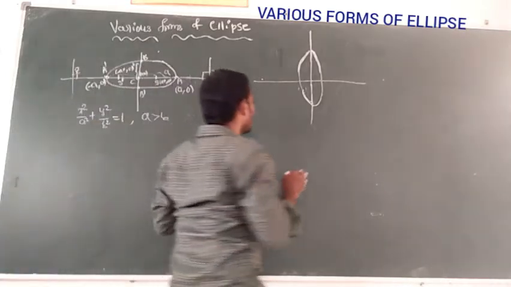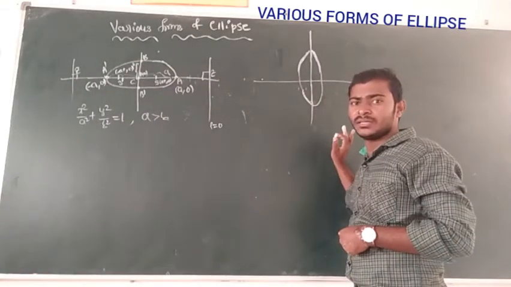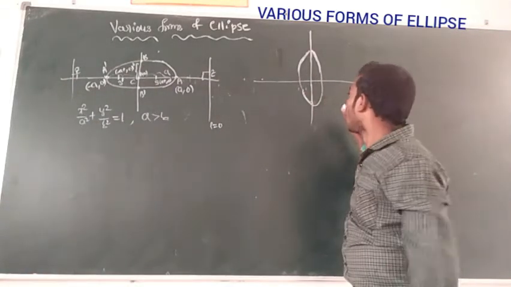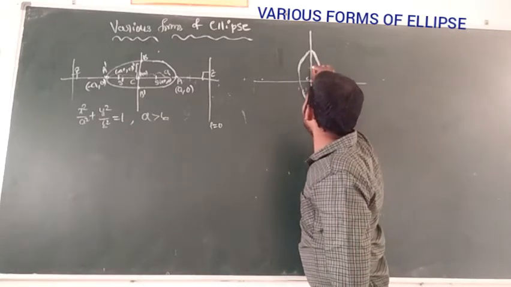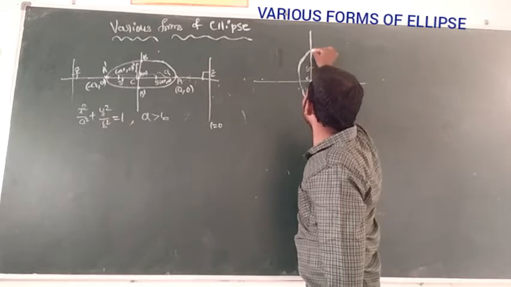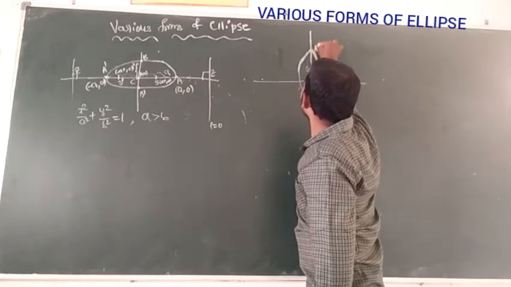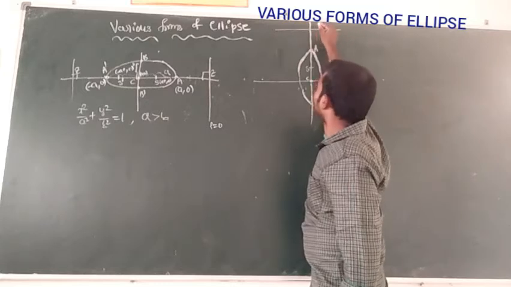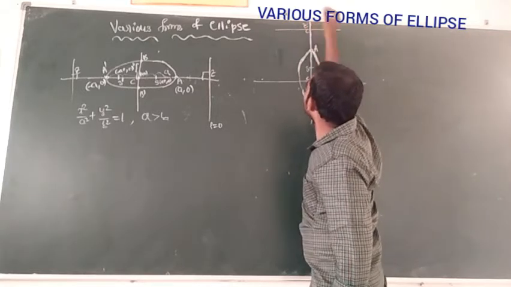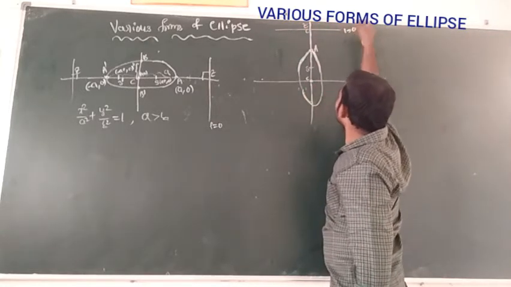Now from this diagram we can observe, similarly, that we have the same type. As usual, this is the center, here we can see the focus, this is a vertex, and here the directrix, and it is Z, this is L equal to 0.